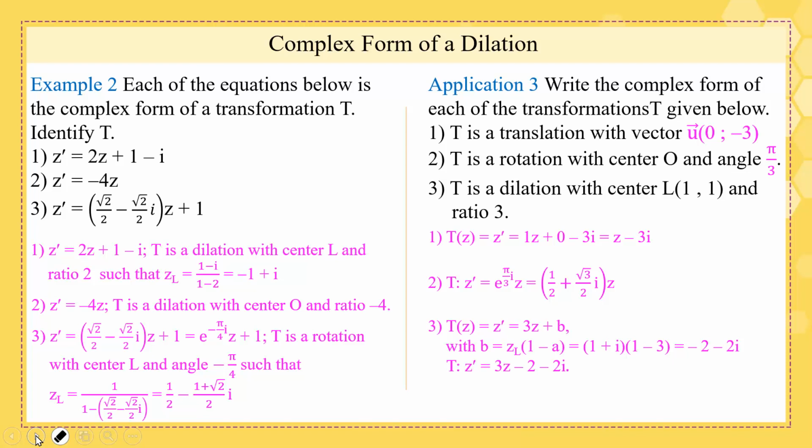And to find B equals Z of L multiplied by 1 minus A, it will be 1 plus I multiplied by 1 minus 3. Finally, B equal minus 2 minus 2I. So Z prime equal 3Z minus 2 minus 2I.